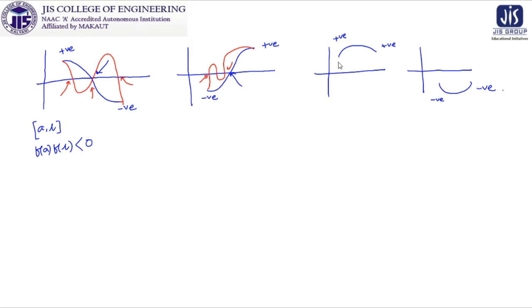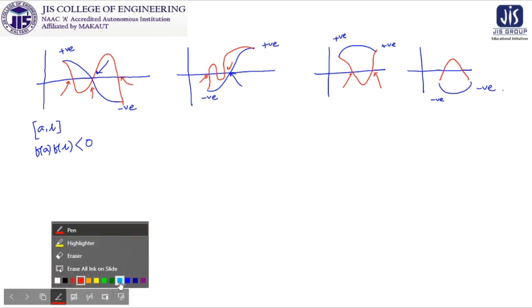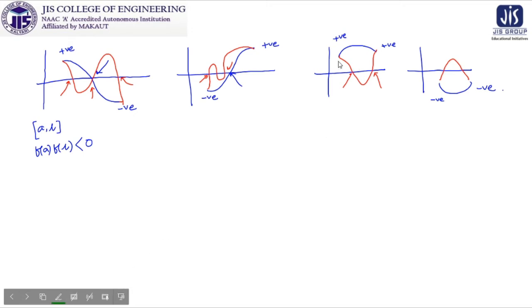But when both endpoint functional values are positive, it may be like this or it may be like this. In this case the intersections are there, and there may be more than one. Similarly you can draw like this, or even like this.